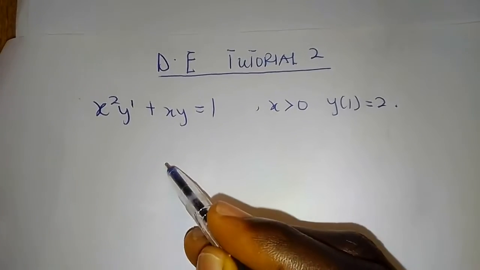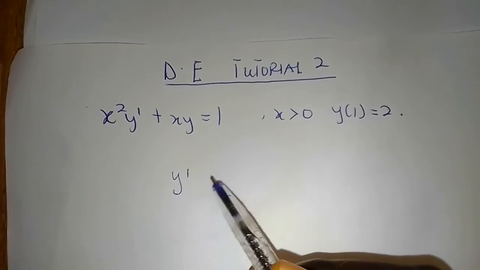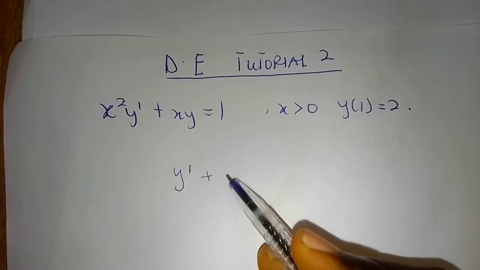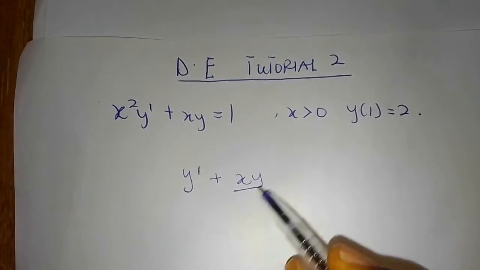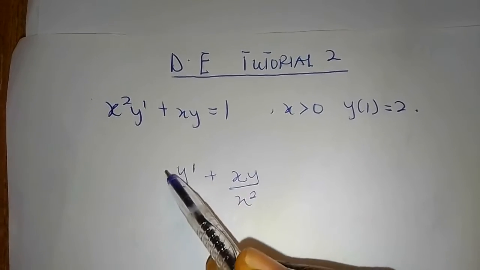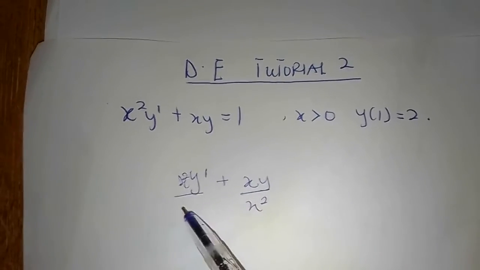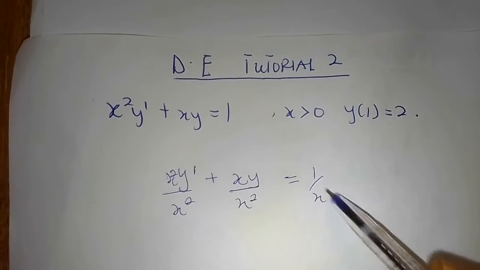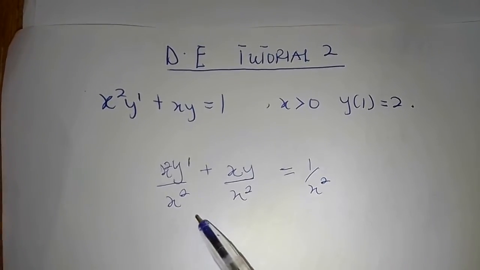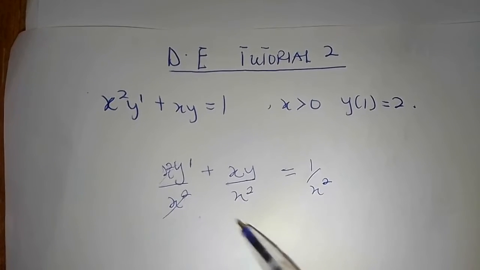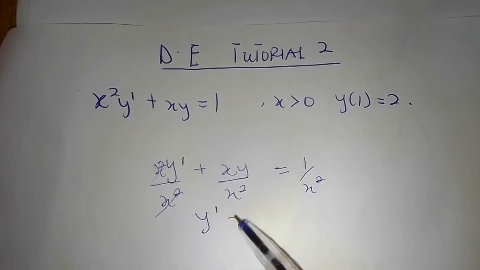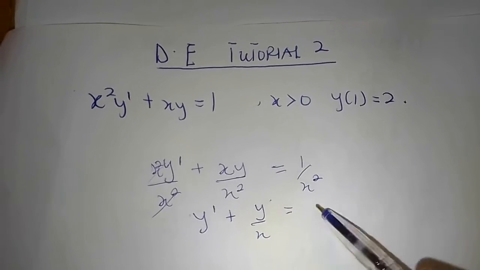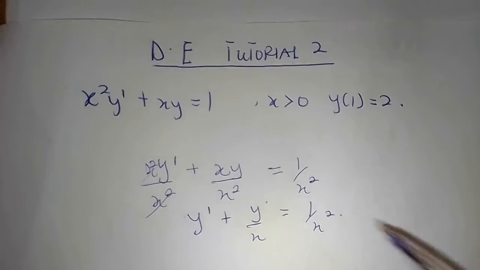We are going to have y prime plus xy over x squared is equal to 1 over x squared. Here the x will cancel, so that you get y prime plus y over x is equal to 1 over x squared.